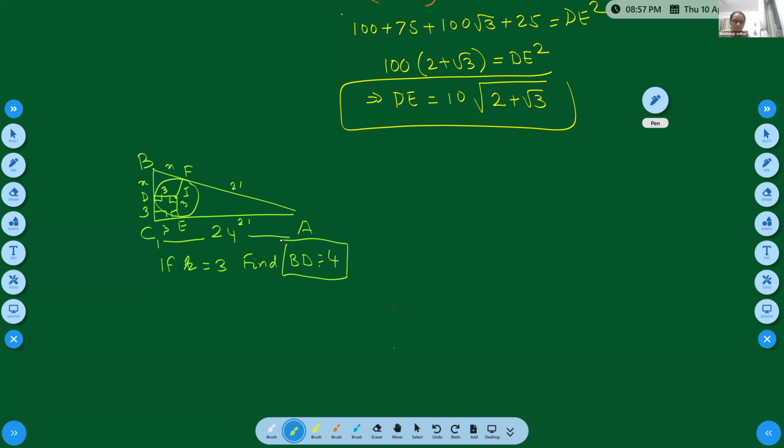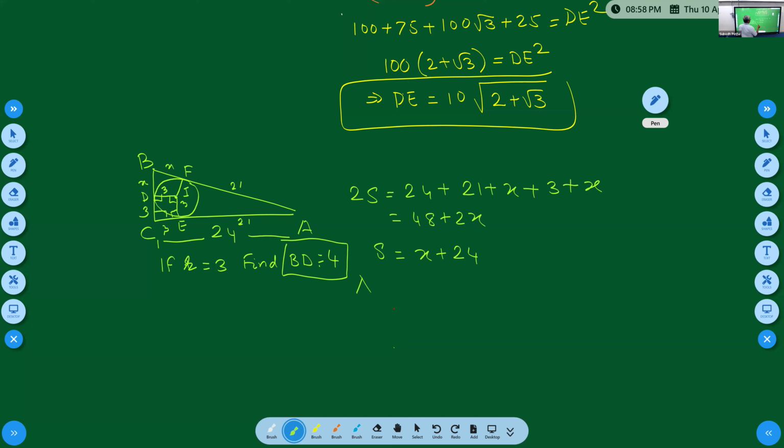Second method. 2S, the perimeter, is equal to 24 plus 21 plus X plus 3 plus X, which is equal to 48 plus 2X. Therefore S is equal to X plus 24, the semi-perimeter.